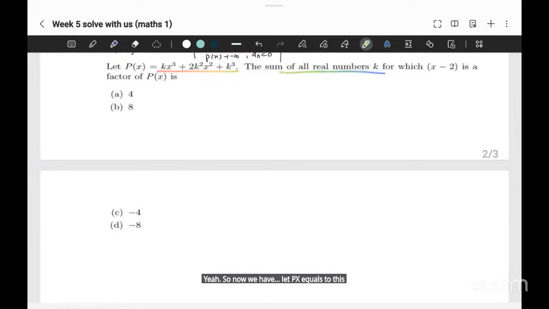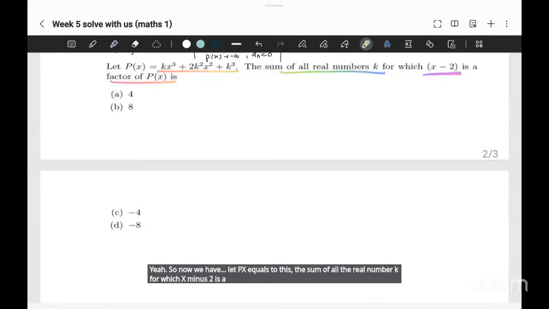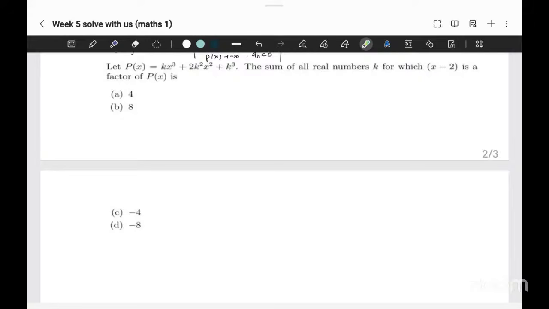The sum of all the real numbers k for which x minus 2 is a factor of px is this. Find the value of that. Ma'am, minus 8.